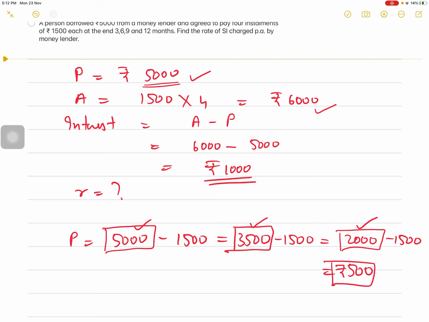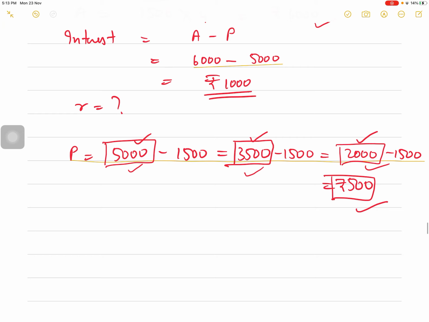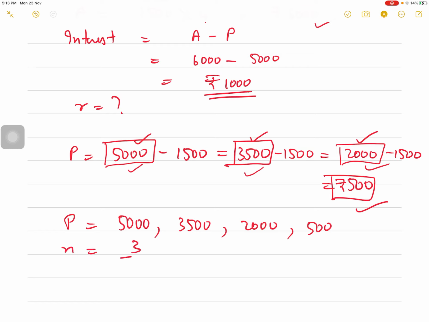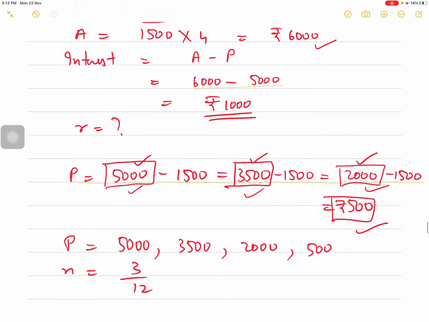So there are 4 principal amounts. For the first 3 months it is 5000, next 3 months 3500, next 3 months 2000, and next 3 months 500. So these are the principals, and n is 3 months, so 3 by 12. Got it?